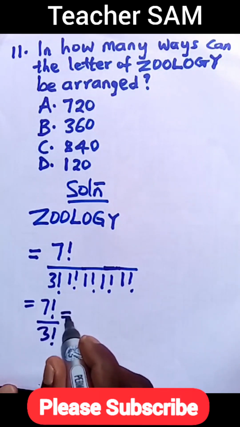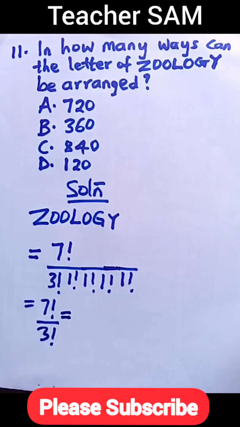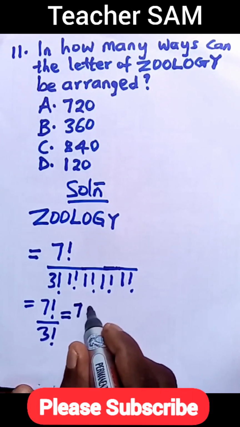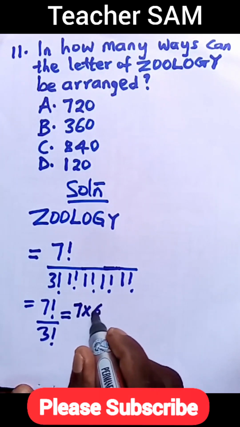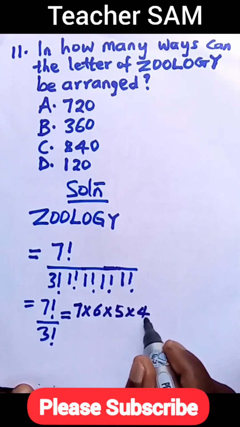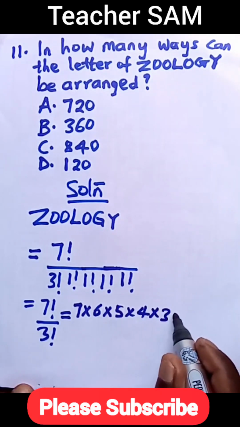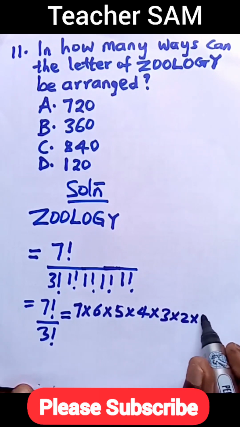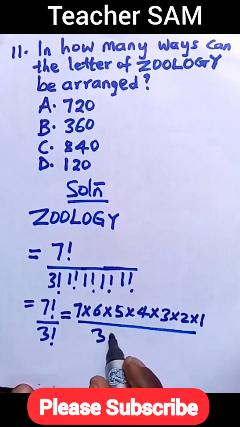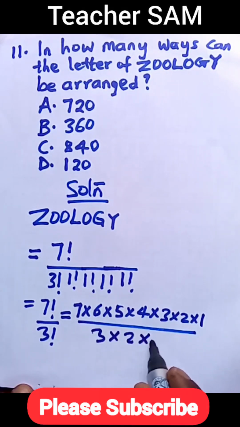Now if you are familiar with factorial, you find out that 7 factorial would have been 7 times 6, just counting down, times 5, times 4, times 3, times 2, times 1. Then we divide this by 3 times 2 times 1.